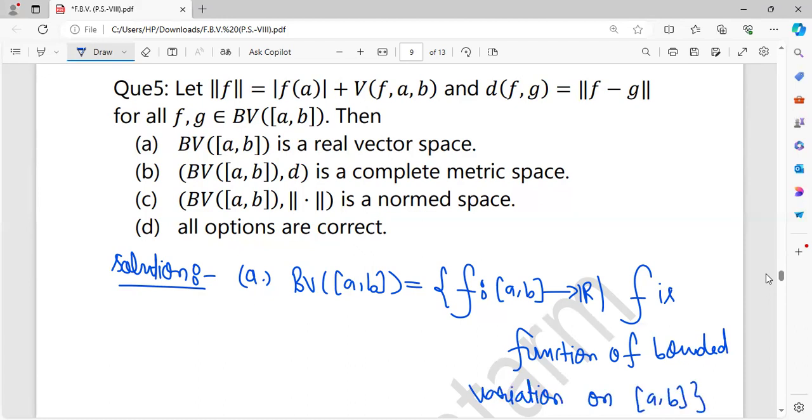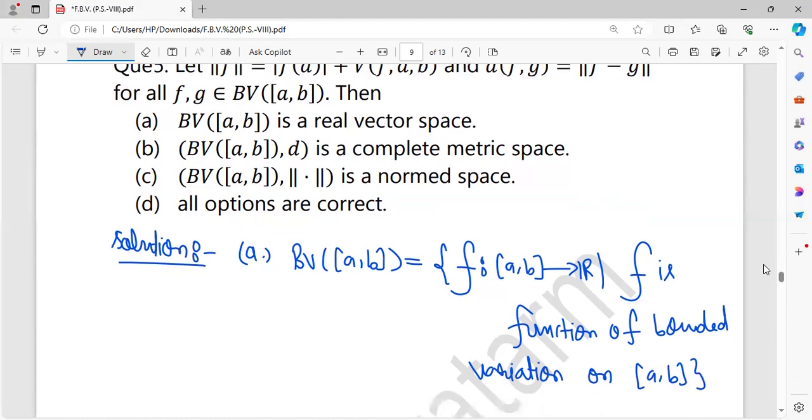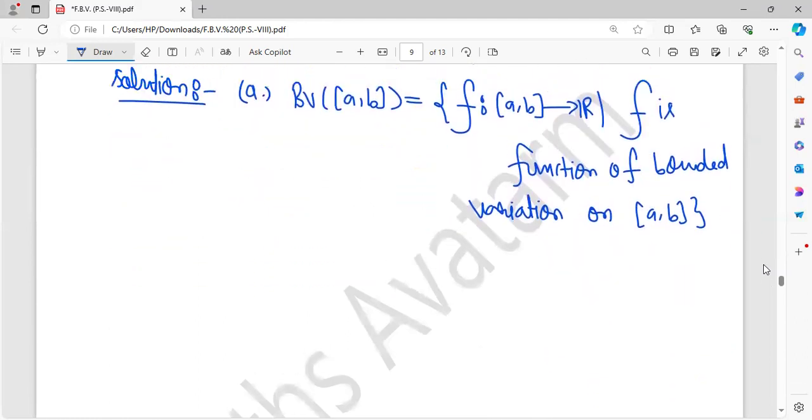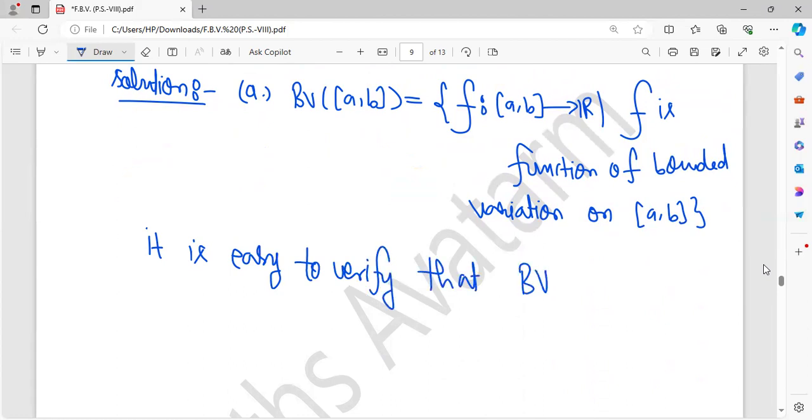It is easy to verify that BV[a, b] is a real vector space.